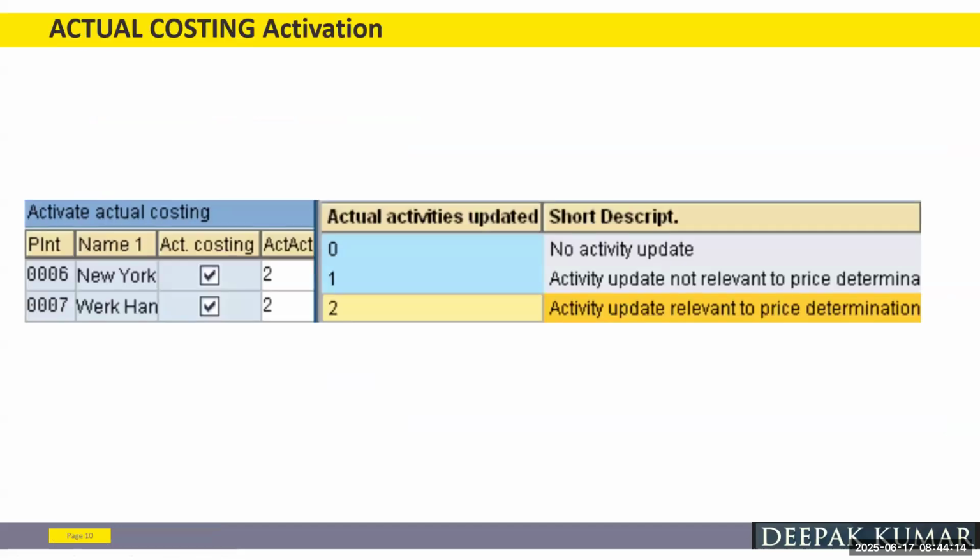One more important configuration. This is if you want CKMLCP to do activity price revaluation and post the variances to finished goods. So there are two options.